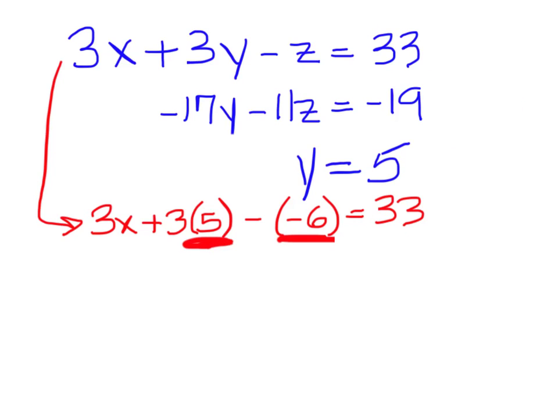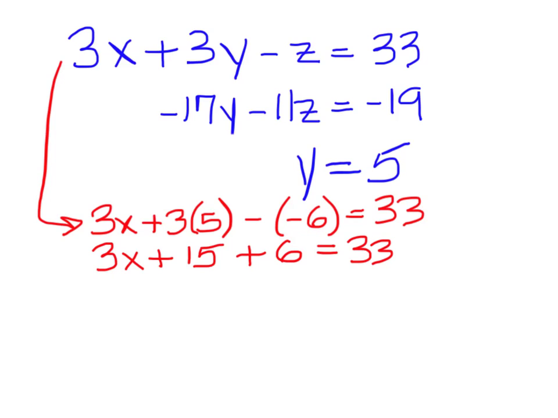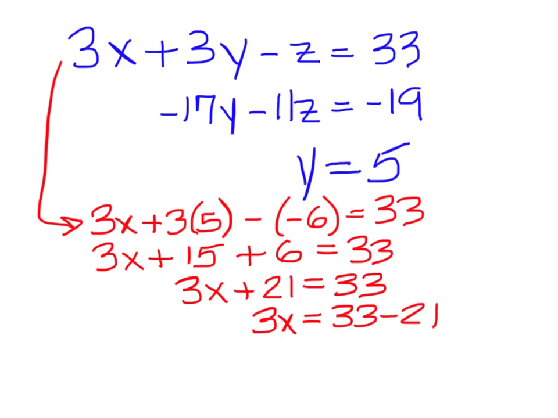Add those together to get 21. Then 33 minus 21. That's going to be a 12. And then divide it by 3. And the answer is 4. So your final answer is written x, y, z. 4, 5, and negative 6 would be the final answer.